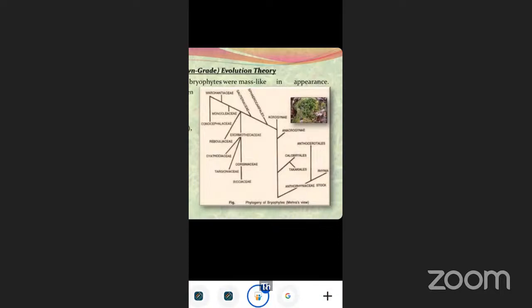Draw a few diagrams. For the evolution of the sporophyte, diagrams are compulsory: Riccia sporophyte, Marchantia sporophyte. Next class tomorrow we discuss that one. And Funaria, Anthoceros sporophyte. Those diagrams are compulsory.